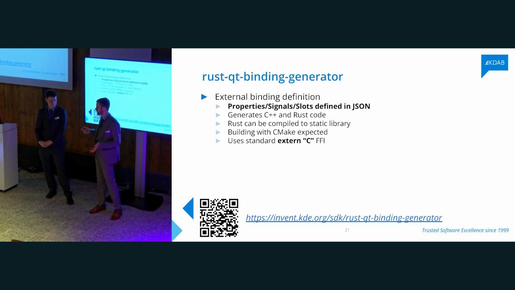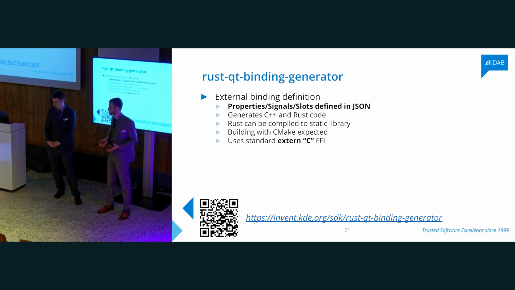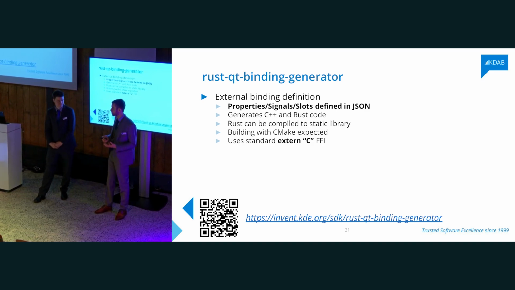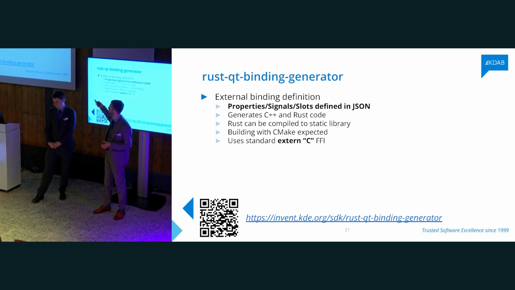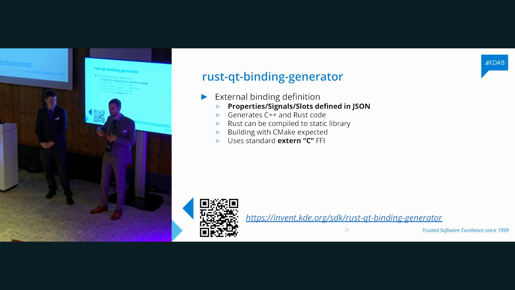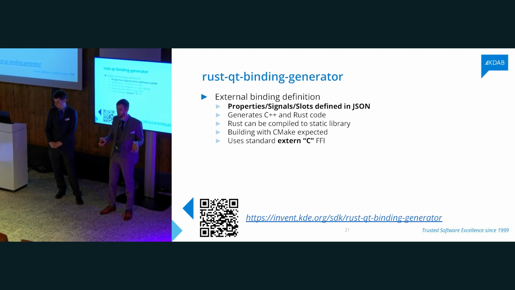What do we do? And KDE came up with the Rust Qt binding generator. And that one didn't actually quite solve this question of how do we do this in Rust, because it moved all of this annotation data, so properties, signals, and slots, into a JSON description that was outside of the actual Rust code.